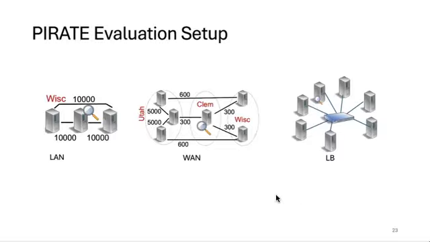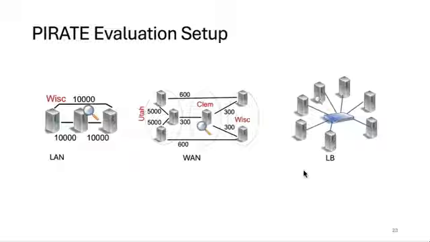evaluation. So we evaluate Pirate in three settings. The first is within a local area network with one client machine, one server machine, and a measurement node in between. The measurement node lies in the path of the client to the server. The response doesn't pass through the measurement node.